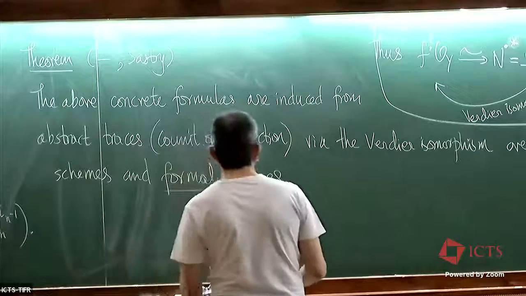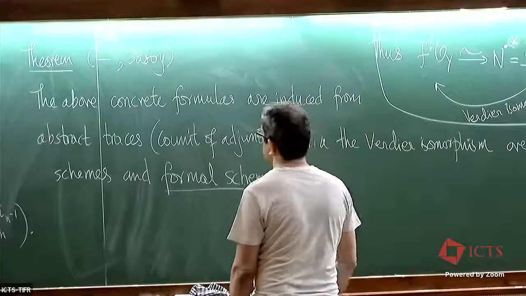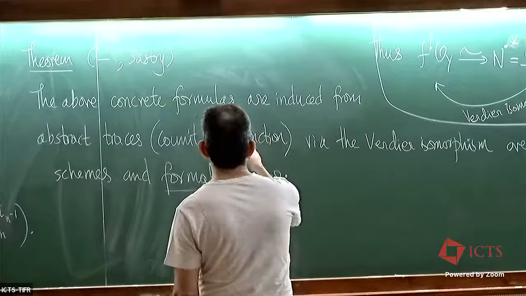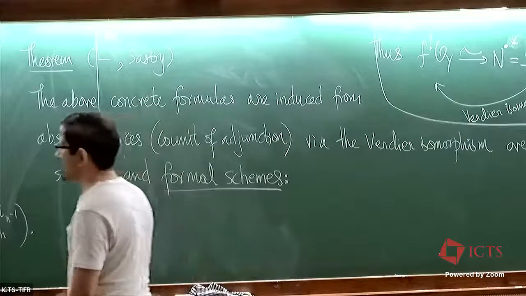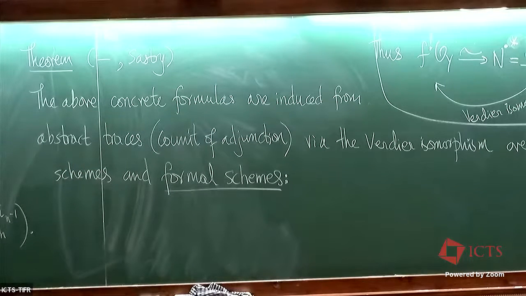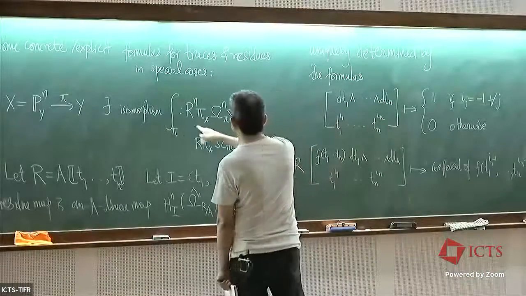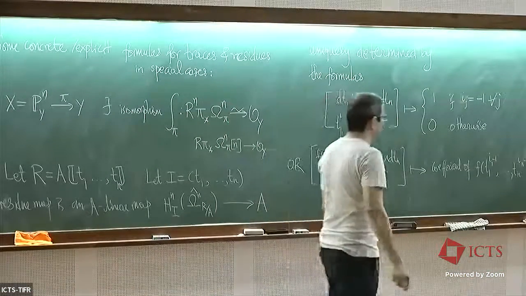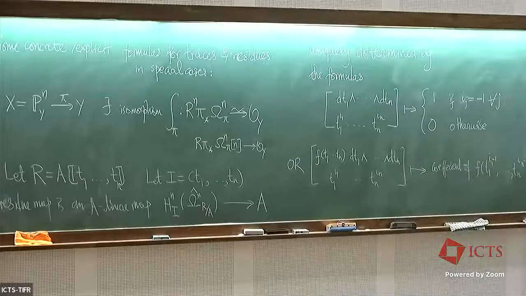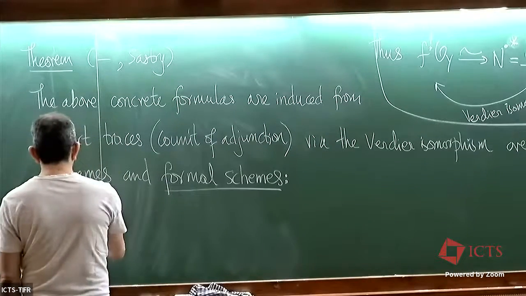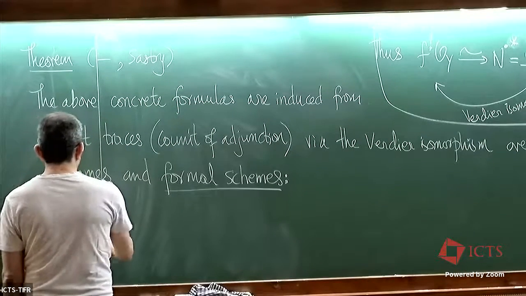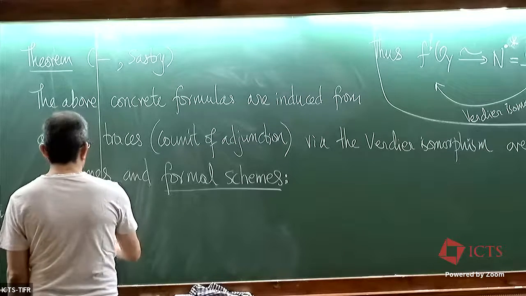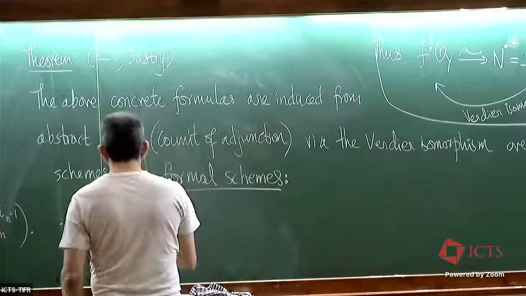So let me very briefly mention, for example, how does the first isomorphism come by? What I mean by this is the abstract trace actually gives you exactly this. The meaning of the statement is that suppose, for example, X was E and Y, then the assertion here is the following.